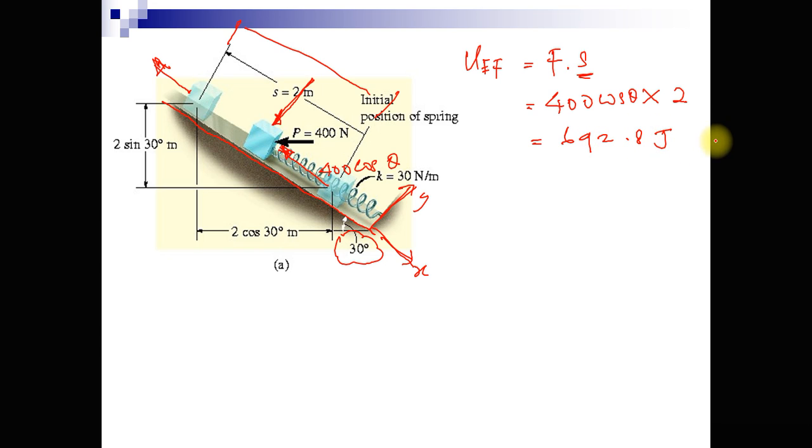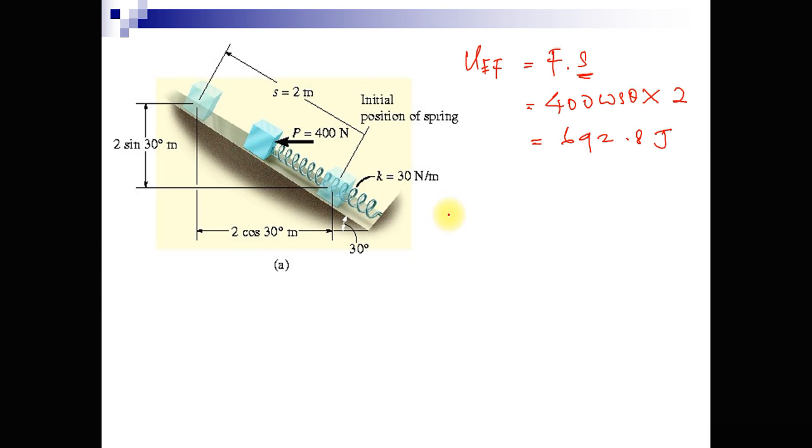Oops, sorry, it is actually equal to 692.8 joule.